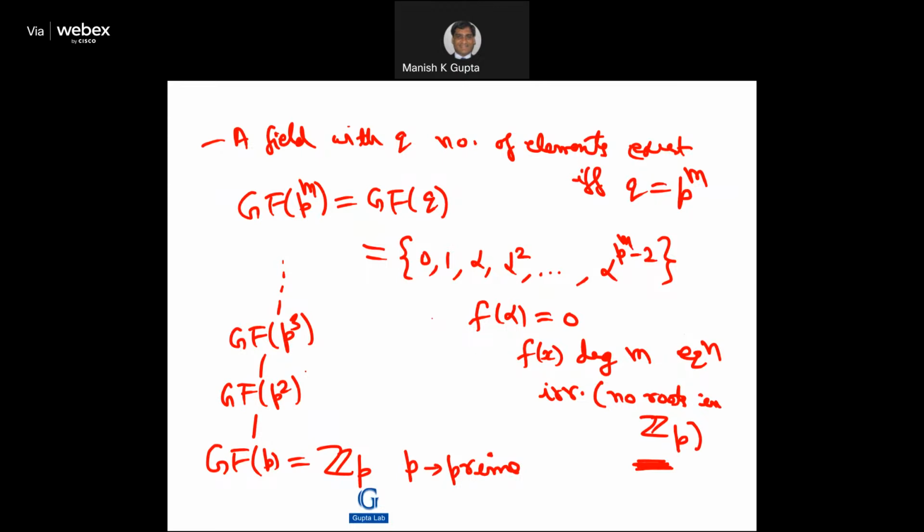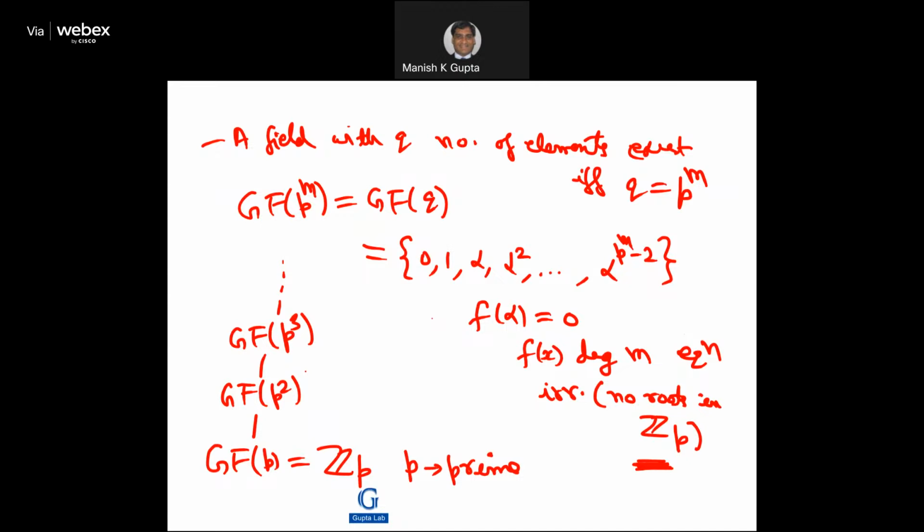So this is the more general thing for p raised to power m, from Zp to GF(p square), GF(p cube), GF(p raised to power m), right? And if you ask your juniors, I have given them this beautiful problem in the quiz. Still, they are searching for the solutions, right?